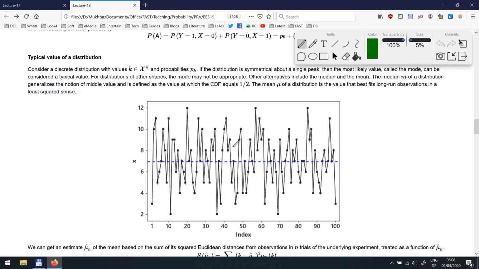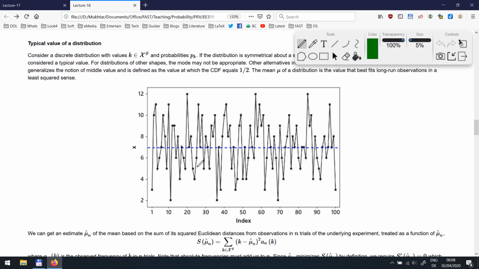Now, what is the main concept of mean? If you remember, we have seen this data a few times. Let's say this is just the index of trials: first trial, second trial, 10th trial.